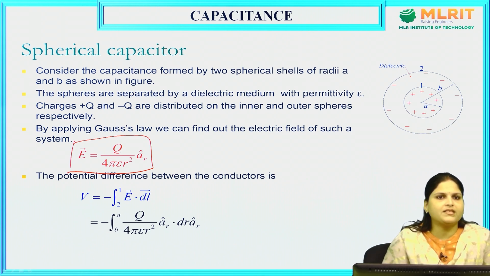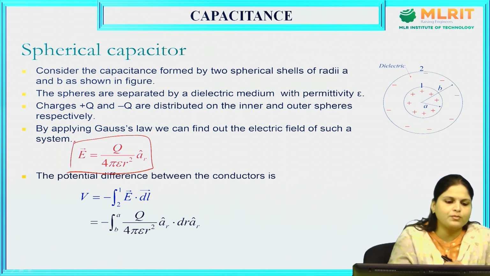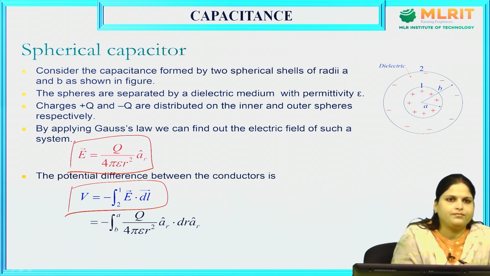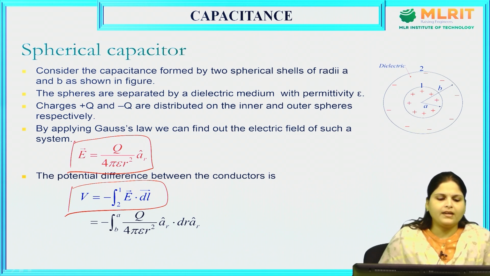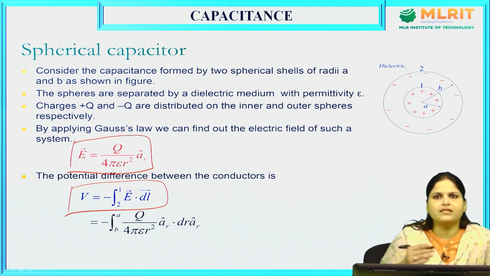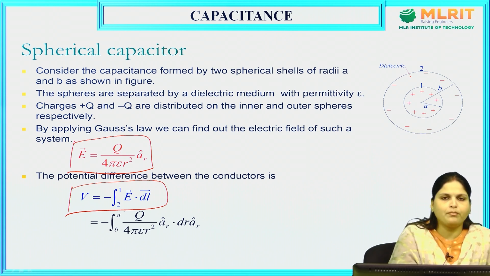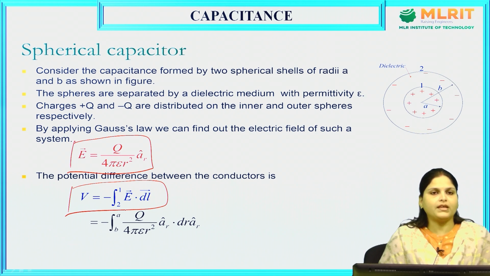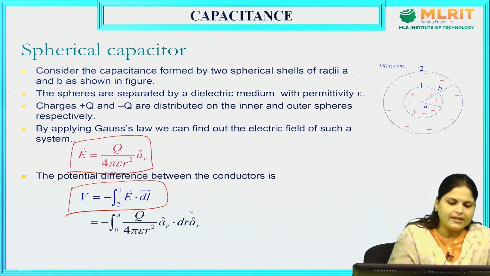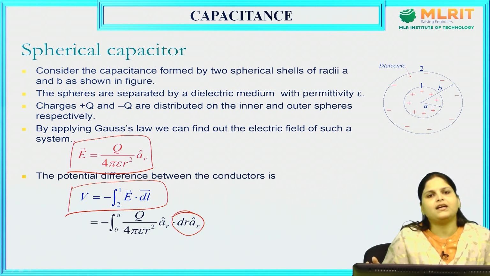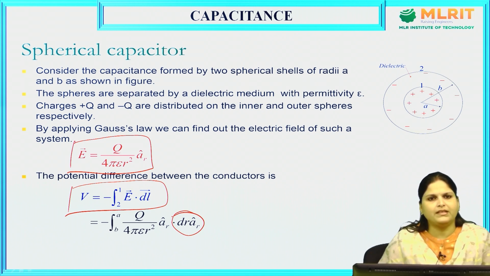Now again the next step is similar for every arrangement. Potential. We need to put the expression for E in the expression of potential. Because we are considering radius, we will put the limit from b to a, and in place of E we will write Q upon 4 pi epsilon r square A_r, and this dl can be considered as dr A_r because we are considering it radially outward.